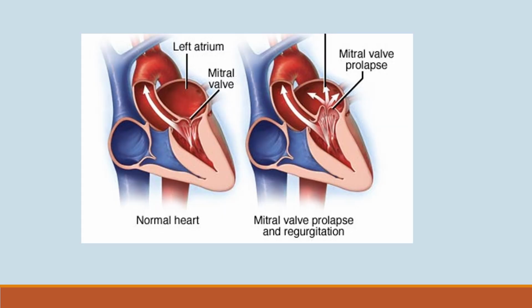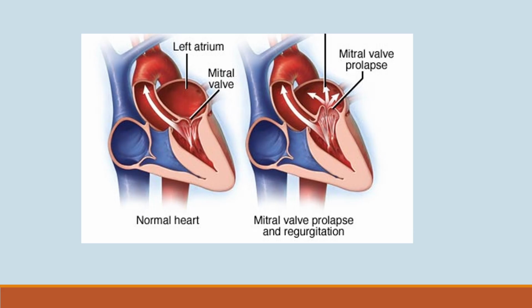So this is a schematic of what we just described. On the left side, this is the normal heart, showing a mitral valve that's closed in systole and blood being ejected into the aorta. The thick arrow shows the blood ejected into the aorta in systole. On the right side, we see mitral valve prolapse, significant prolapse of both leaflets.